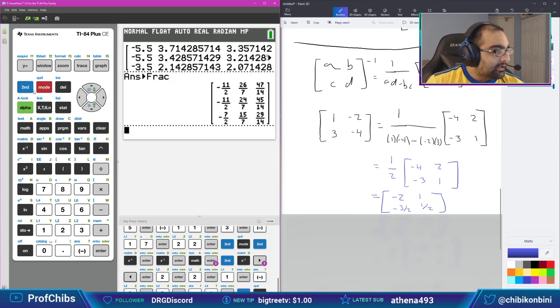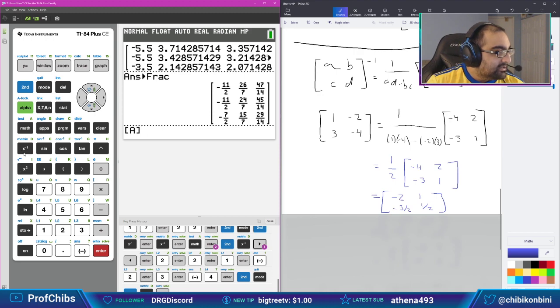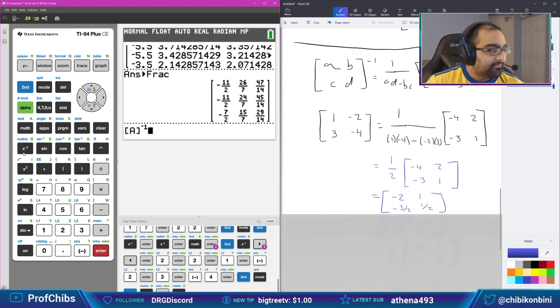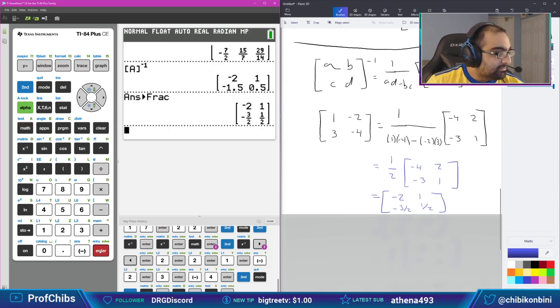Then I can call upon that matrix A, the inverse key, and hit that as a fraction. Okay, so you can see that it confirms exactly what the formula said. Nothing too exciting, but there it is.